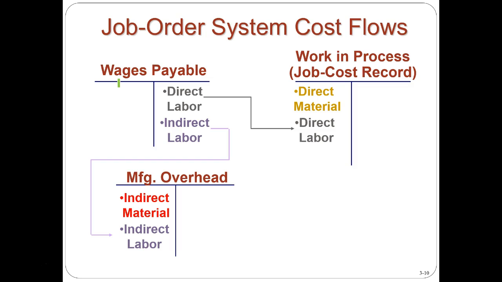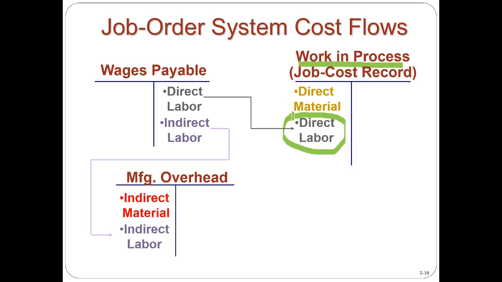In this case, we're still going to credit wages payable, but the work that these people are doing is going directly into an asset, not being expensed. Therefore, the debit is going into work in process for the wages for the people who are working on this asset. For example, if we're working on a job and the job hasn't been completed yet and we can't bill it yet, then we have to debit the asset.